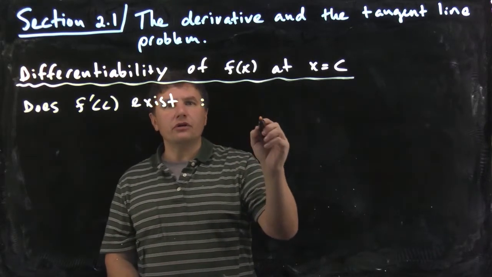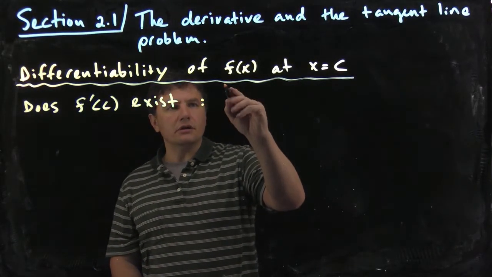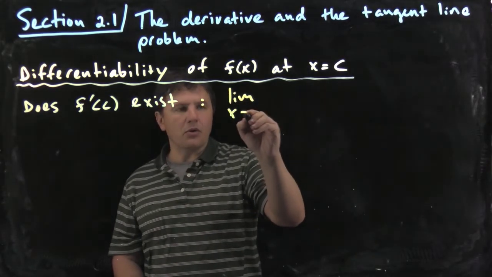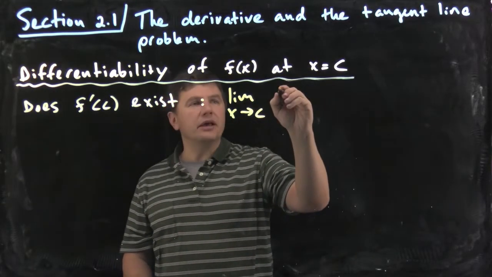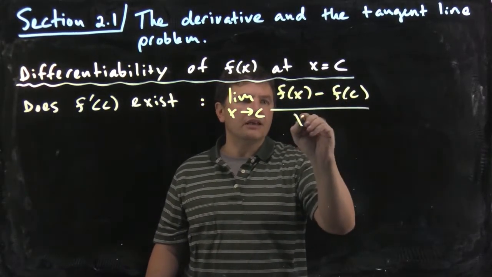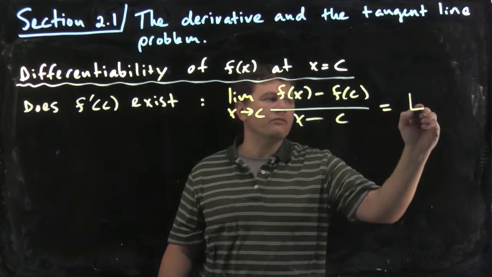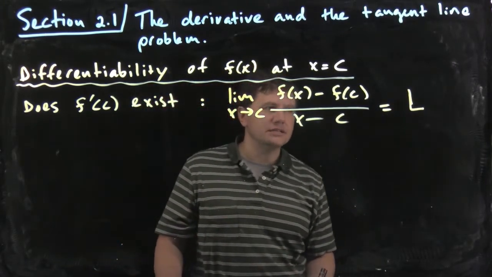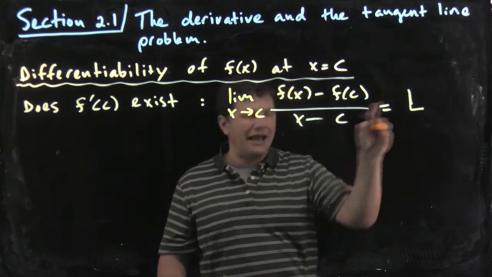So we use this alternate form of the definition of derivative because it's the easiest to wrap our brain around. So does this limit for the definition of derivative exist? In other words, does this equal a real value L? Not infinity, which we'll discuss in a second, or negative infinity, but a value L.